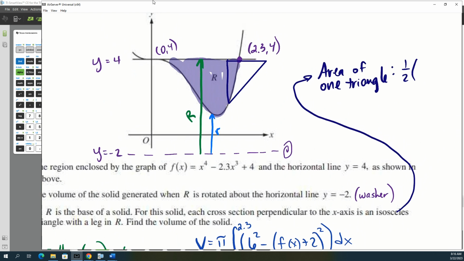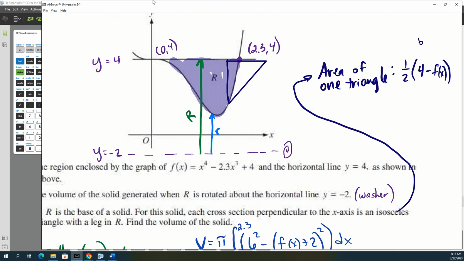All right, how would you represent the base of that triangle? It's just going to be top minus bottom. So it's going to be 4 minus f of x.